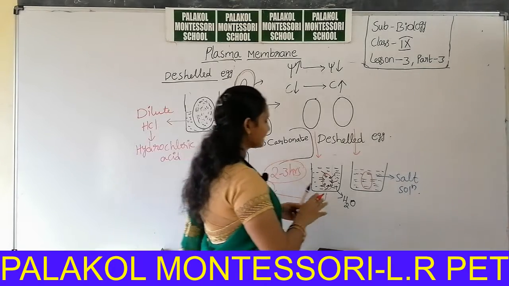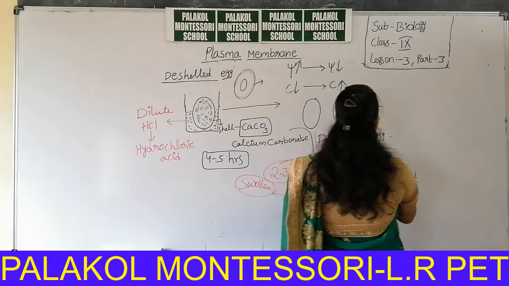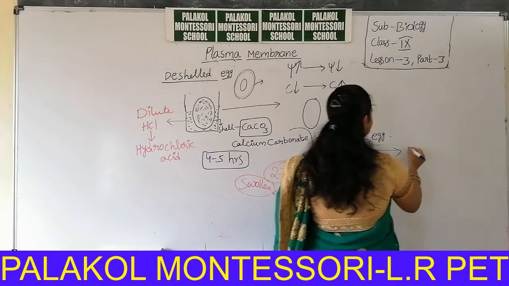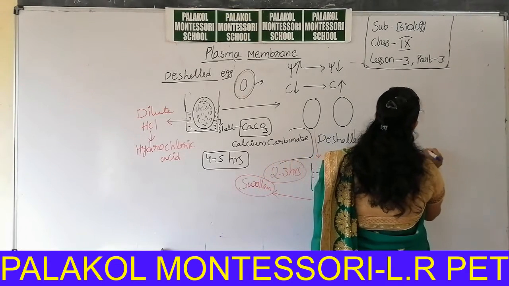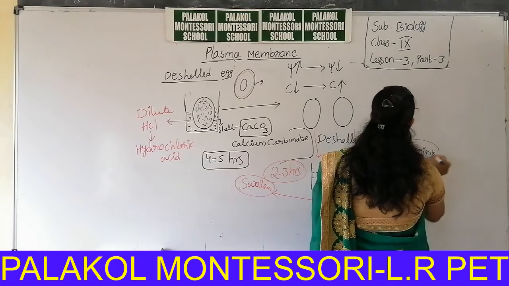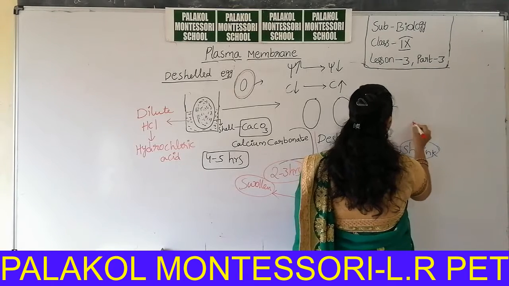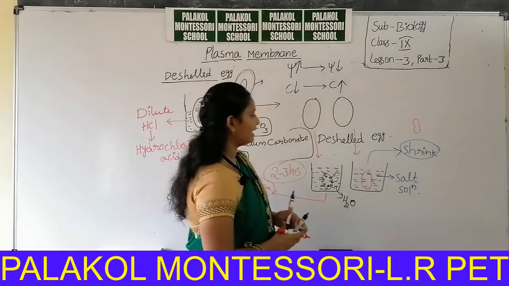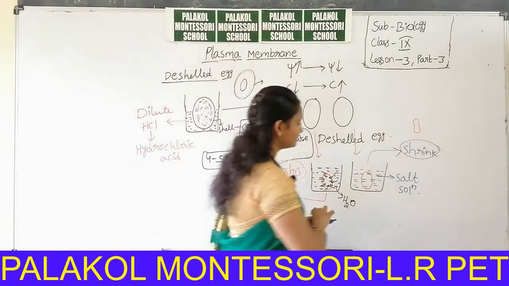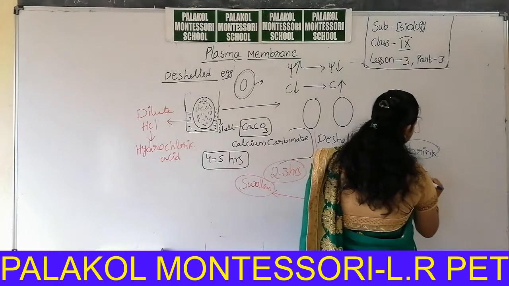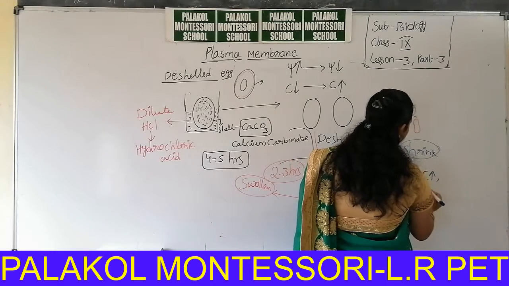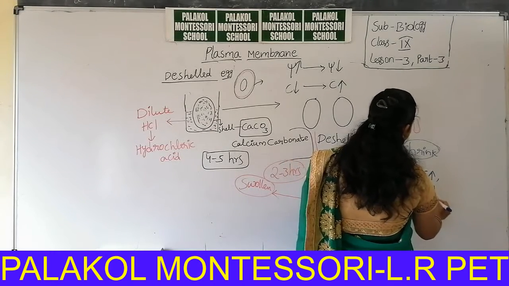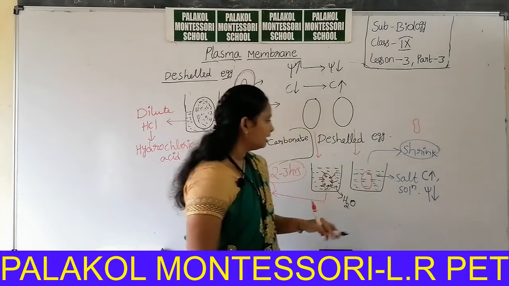Now, in the second case, you can observe that the egg shrinks. Why does it take place? Because the salt solution has a higher concentration and lower water potential. Am I correct?